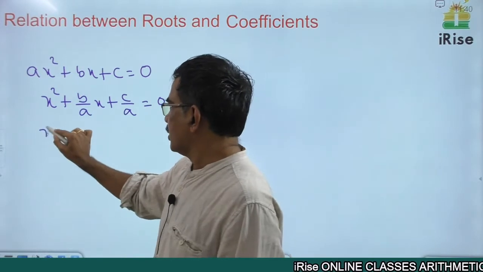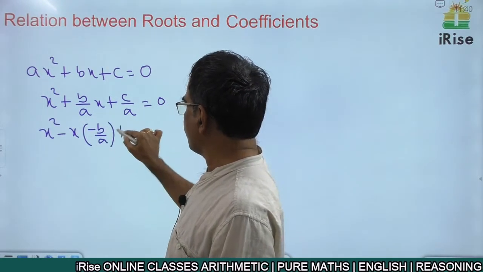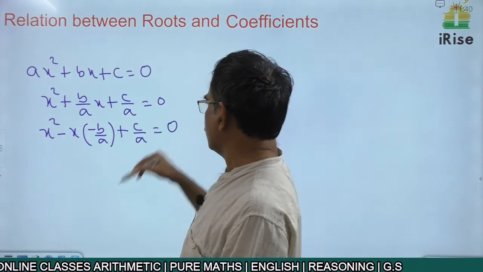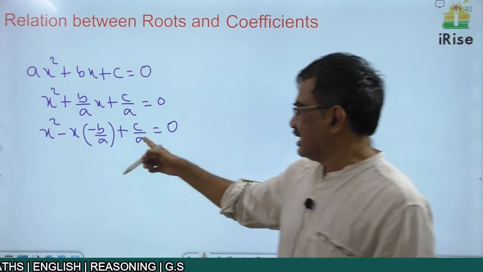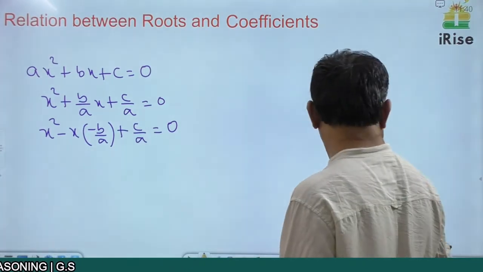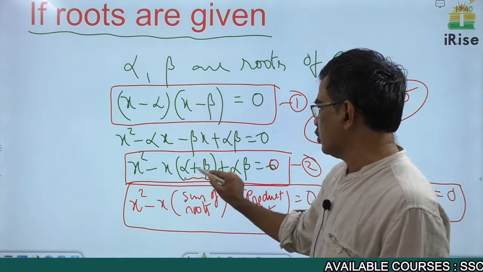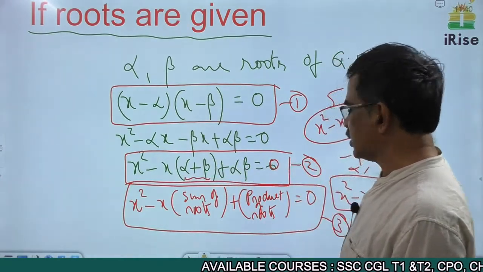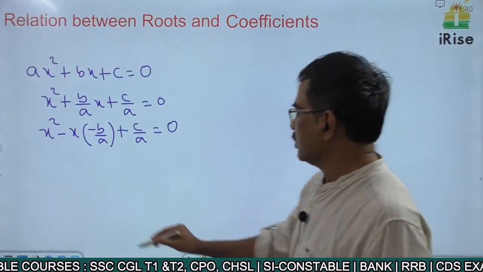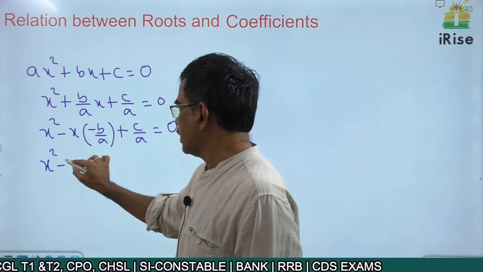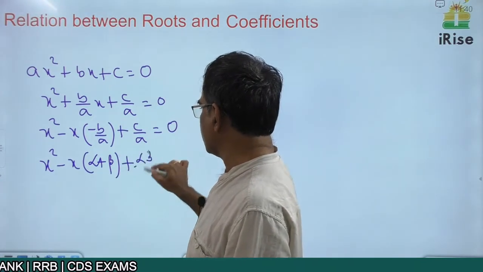And again this can be written as x square minus x into minus b by a plus c by a is equal to 0. So this is in the form of x square minus x into sum of the roots plus product of the roots is equal to 0. So therefore this can be written as x square minus x into alpha plus beta plus alpha beta is equal to 0.